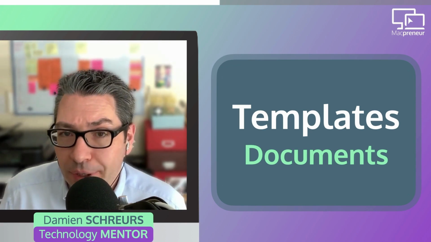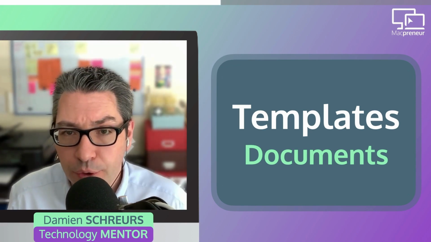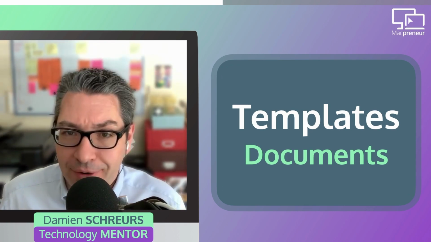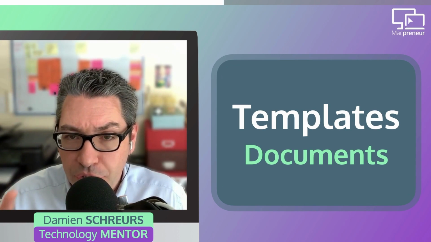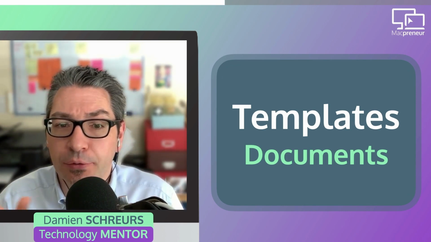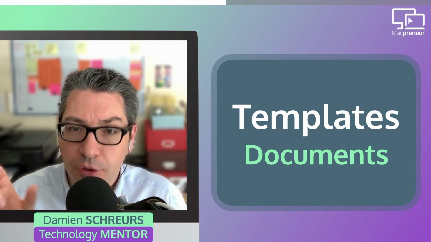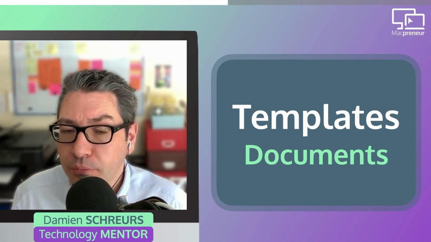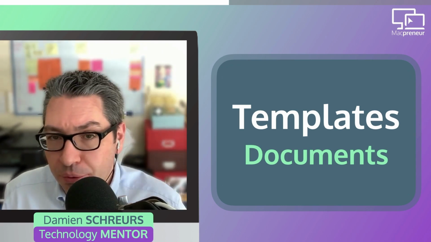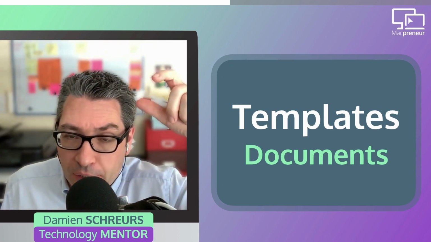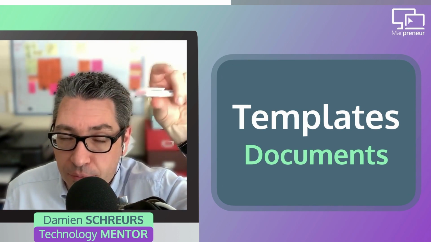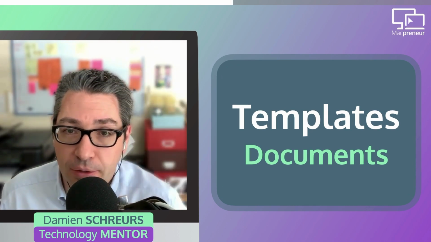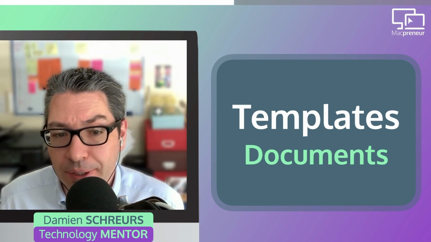And if you use the Microsoft Office suite, so Word, Excel, or PowerPoint, that is a matter of File, Save As, and you change the document type. So instead of being a Word document, you select the Word template document option. And then when you are in File, New, you will see all the templates from Microsoft, but you also have a tab that allows you to select your own template.